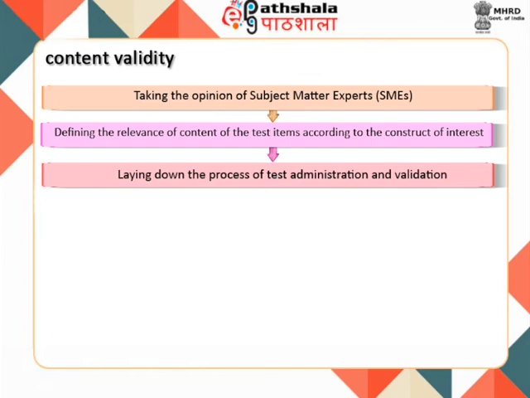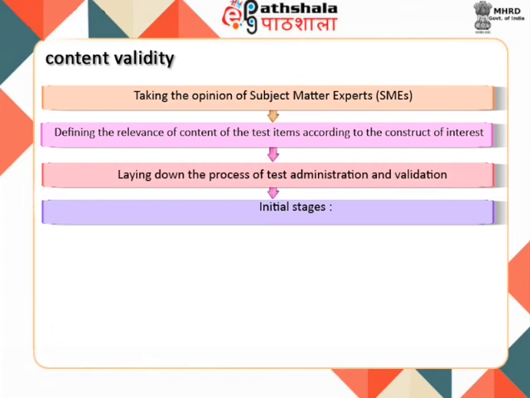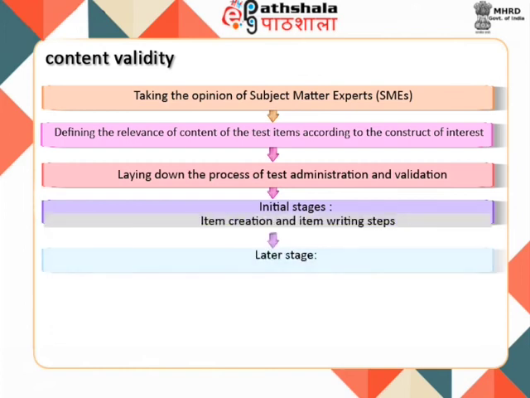Subject matter experts play a major role in the initial stages of the test development process for item creation and item writing. In the later stage of test validation, another group of SMEs is selected to determine whether the items capture the construct of interest or not.